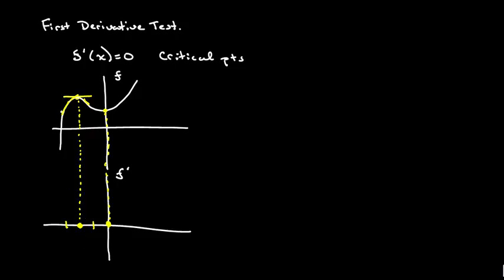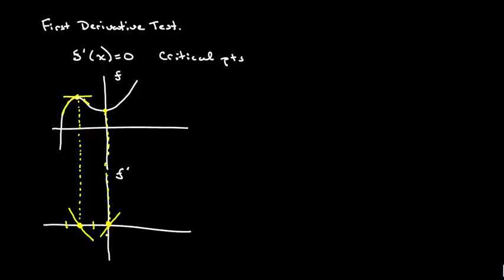This one right here, the derivative's positive, then we go to negative, so positive down to negative. On this guy over here, we're going from a negative slope to a positive slope. So we cross through like that.